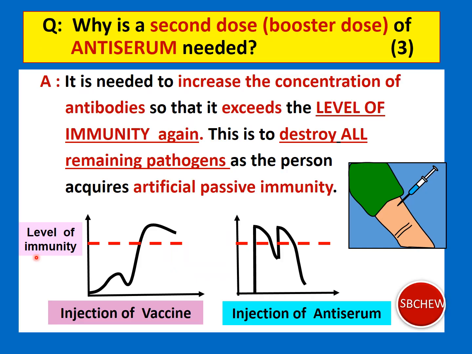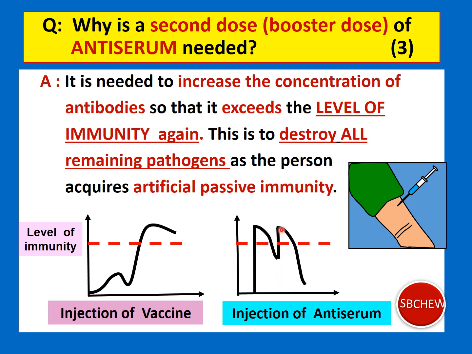A common question asked in the exams is, for artificially acquired passive immunity, why is a second dose or booster dose of antiserum needed? So if you look at the graph here for injection of antiserum, this graph on the right, you can see that after the first injection is given, the level of antibodies decreases very fast below the level of immunity. So a second injection is given at this point.